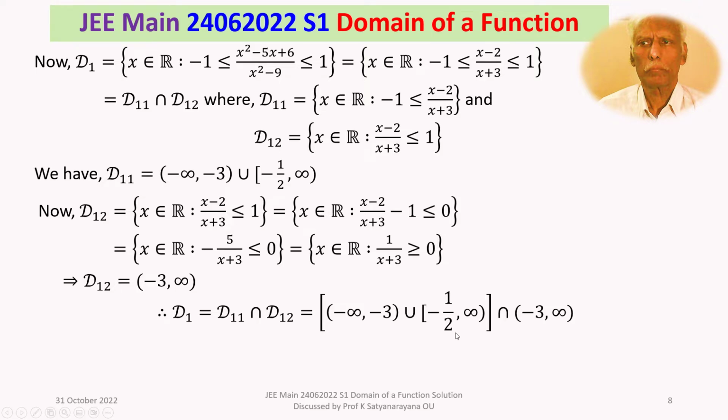Now, D1 is equal to D11 intersection D12. If you intersect minus infinity to minus 3 and minus 3 to infinity, it is the empty set because they are disjoint.